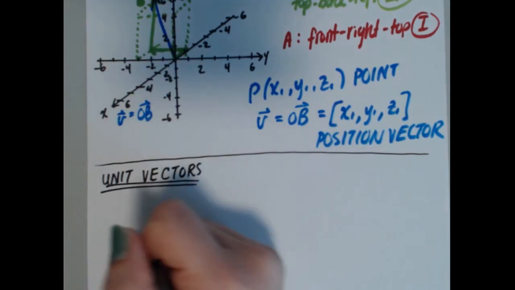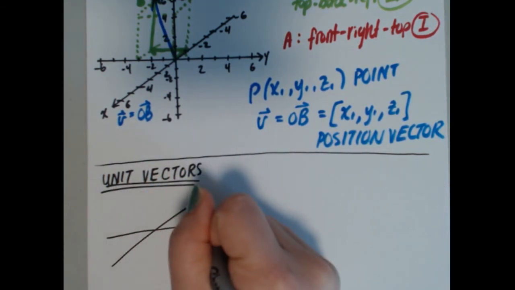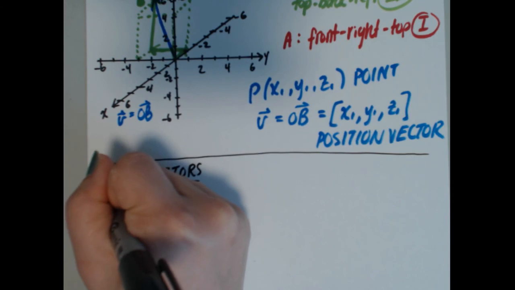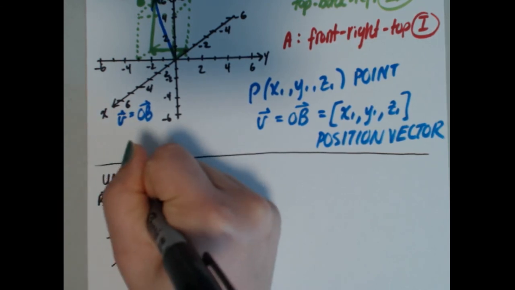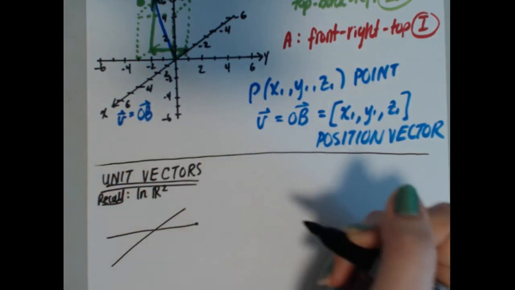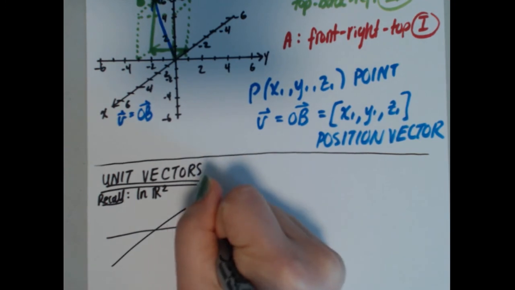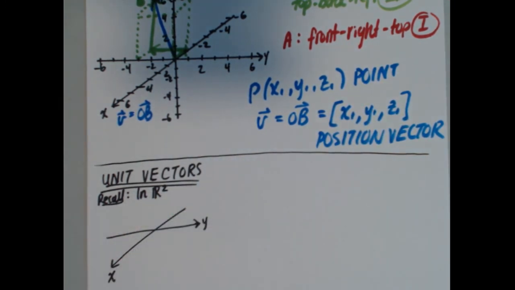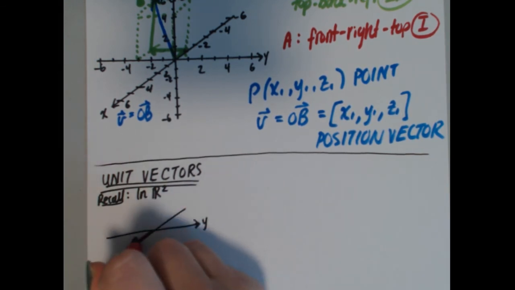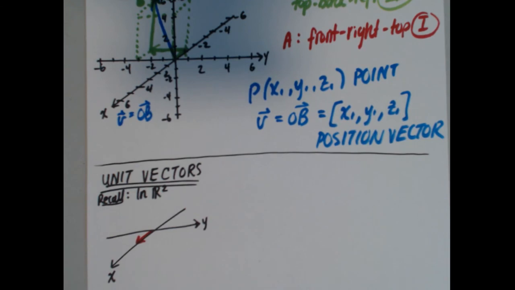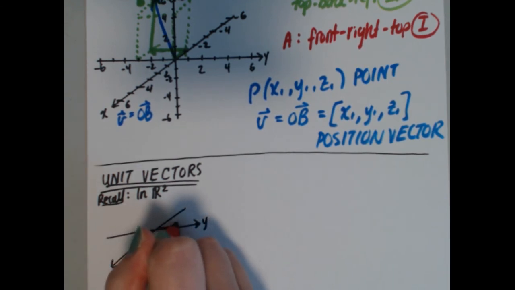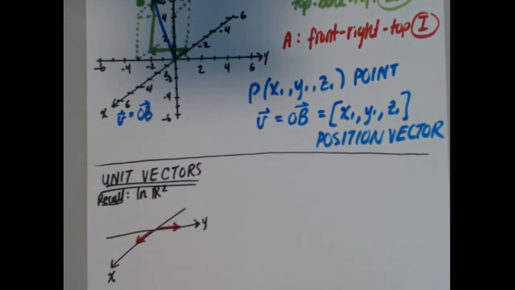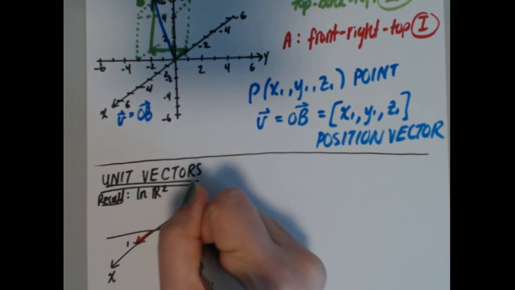So in two-dimensional space, recall, in R2, here's my y-axis, here is my x-axis. Recall that in R2, I can have a vector of length 1 along the x-axis, and a vector of length 1 along the y-axis. So let me note that here on the scales.